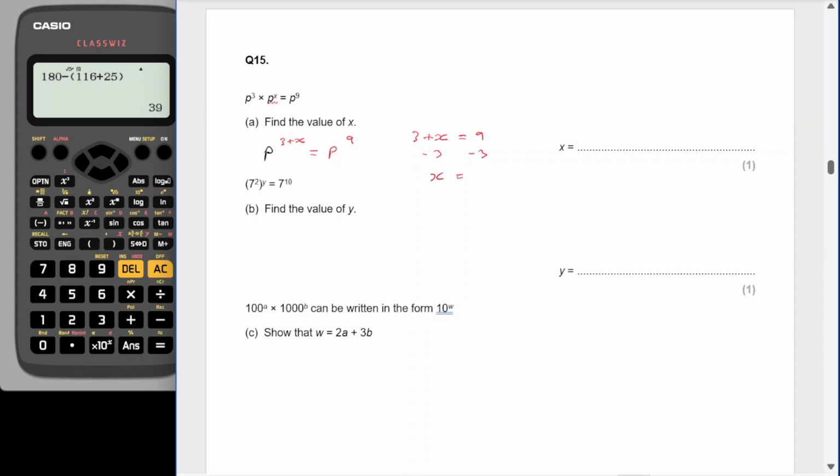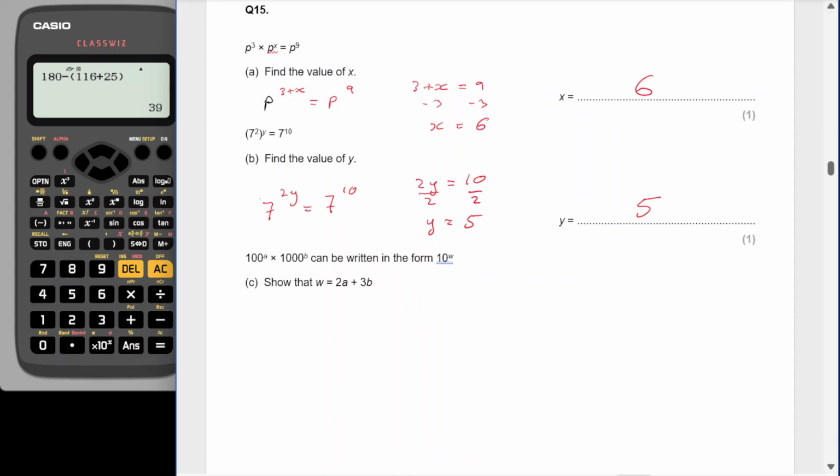X would be equal to 6. Similar question, this time 7 to the 2 to the y would become 7 to the 2y is equal to 7 to the 10. So 2y has got to be equal to 10. Divide both sides by 2, y would be equal to 5.